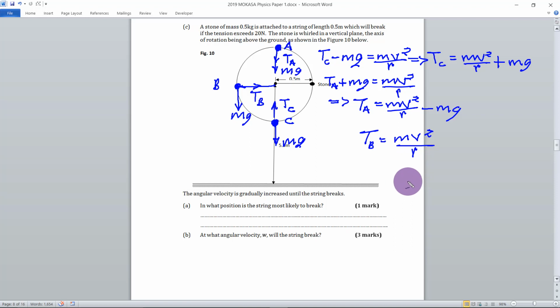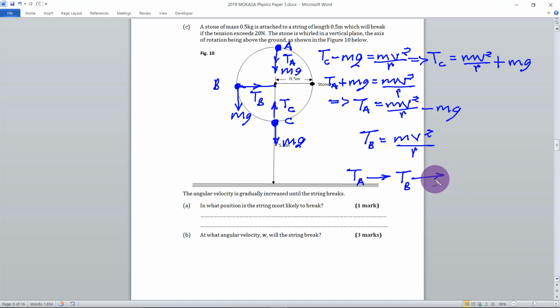So if I were to arrange these in order of increasing magnitude, I will have Ta as the least tension because I am subtracting mg. For Tb, I'm not subtracting anything from mv squared over r, so Tb is greater than Ta.